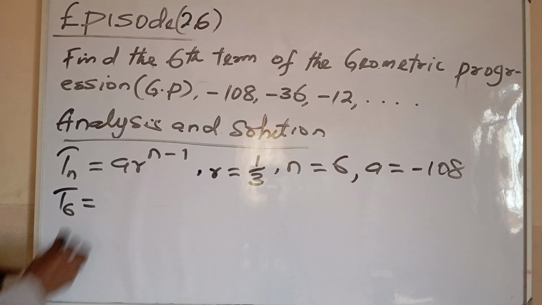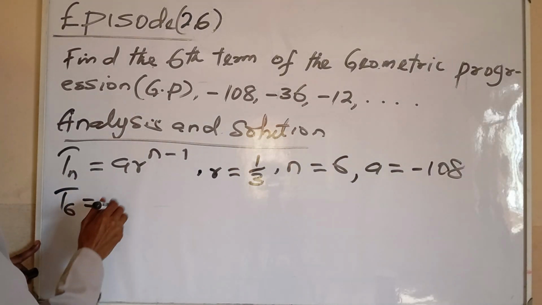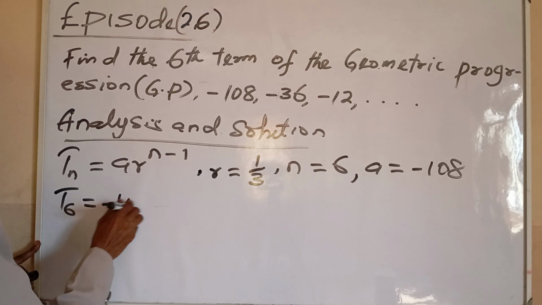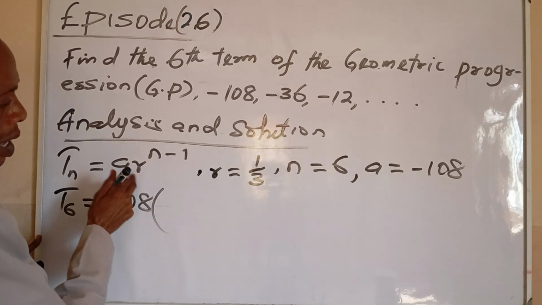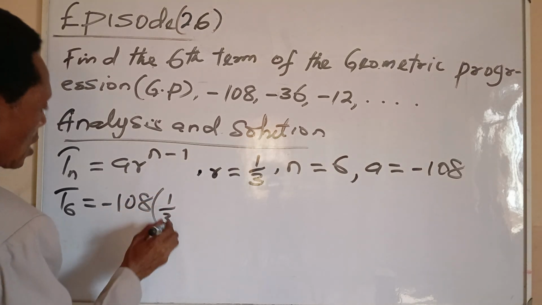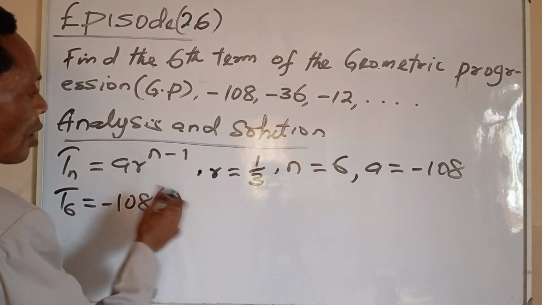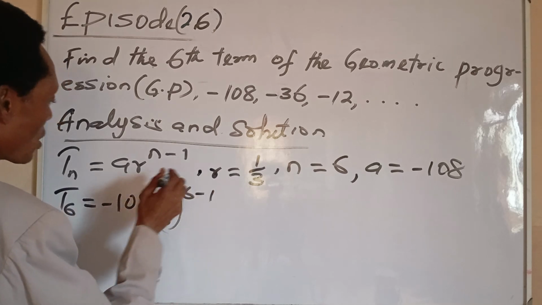So we can substitute it into this formula now, which is minus 108. Then here is our common ratio, which is 1 over 3. Then here n is 6, minus 1.